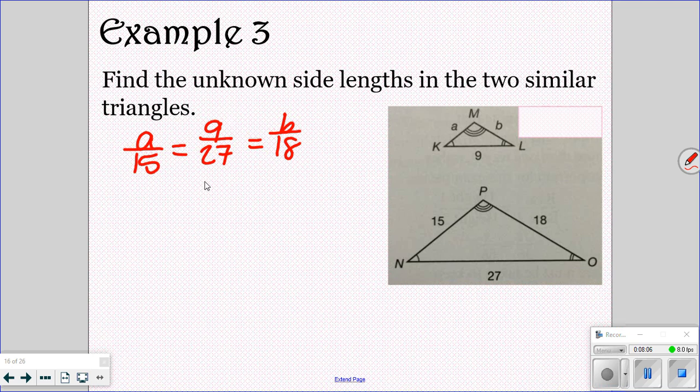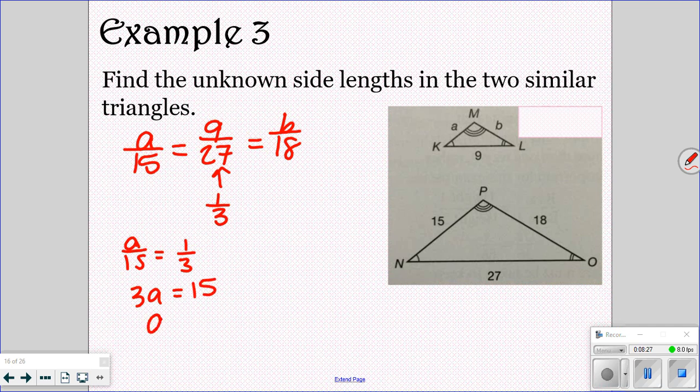So if you want, you can reduce this one to 1/3. It'll make it so your math is a lot easier, but you don't have to. So if we do A over 15 equals 1/3, we'll have 3A equals 15.